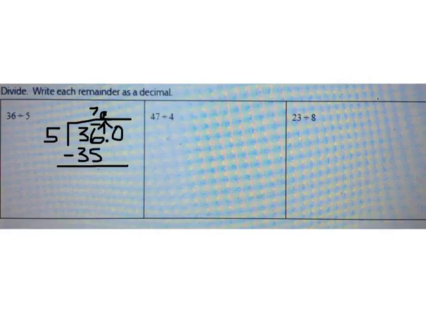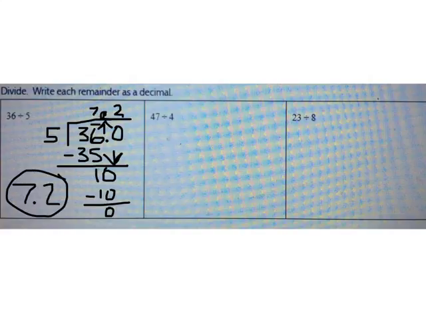When I subtract, how many do I have left over? 1. I can bring down my 0. How many times does 5 go into 10? 5 goes into 10 2 times. What's 2 times 5? It's 10. I would have no remainder, so the answer is 7 and 2 tenths.